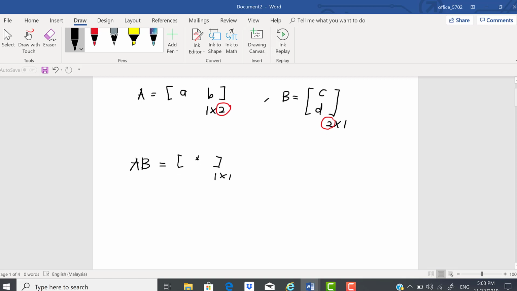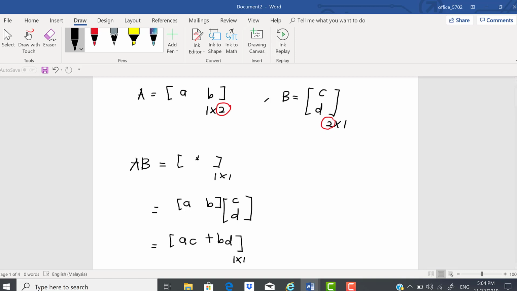We have A, B times C, D. Okay, so it's equal to A times C plus B times D. So we have only one value, a 1 by 1 matrix.